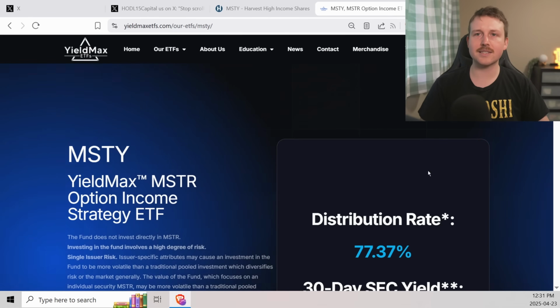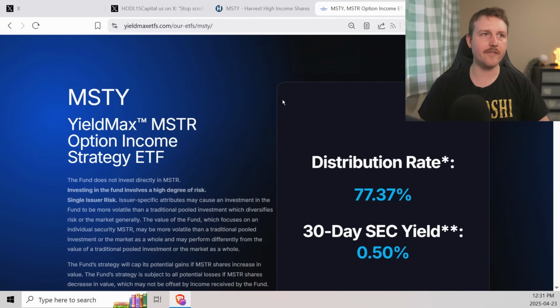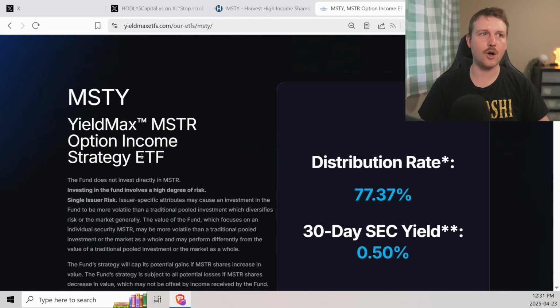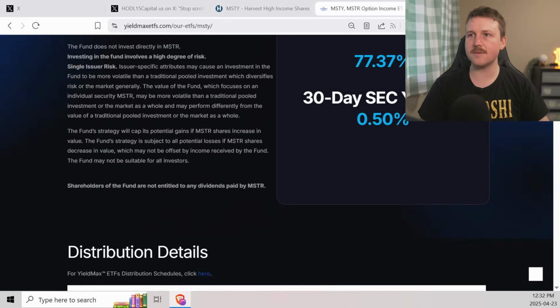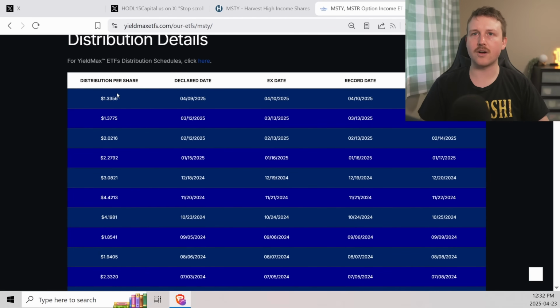So first, let's take a look at the more popular out of the two. This is YieldMax's MSTY fund, which is a MSTR option income strategy. Their distribution rate here with an asterisk is 77%. And they have all of their distributions here, which are quite large.